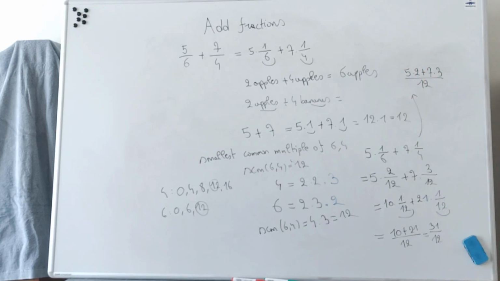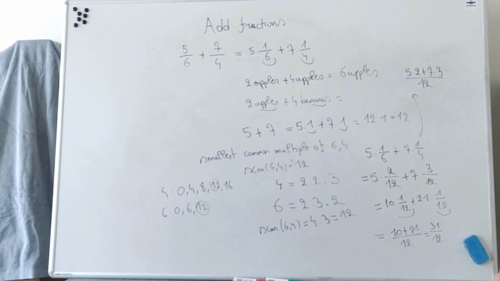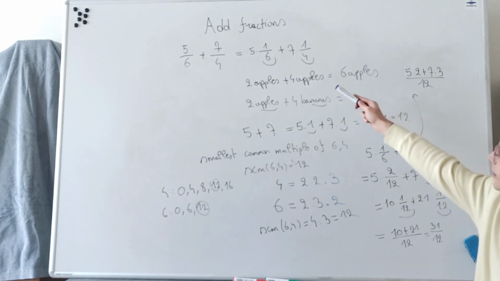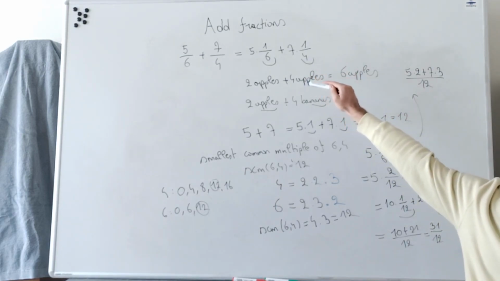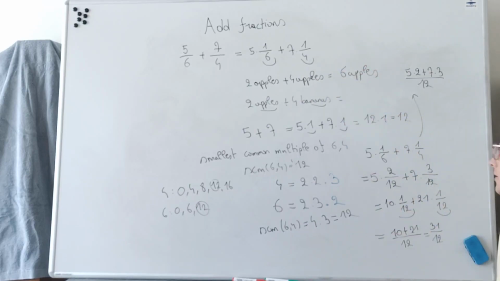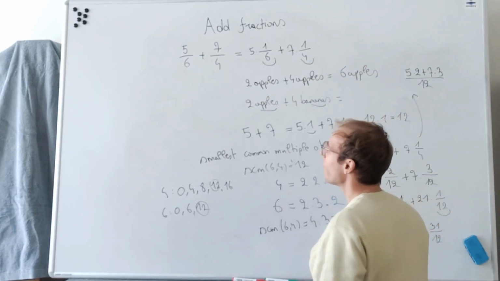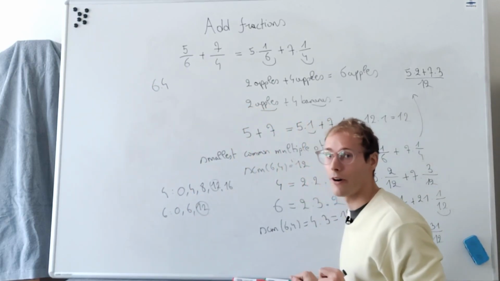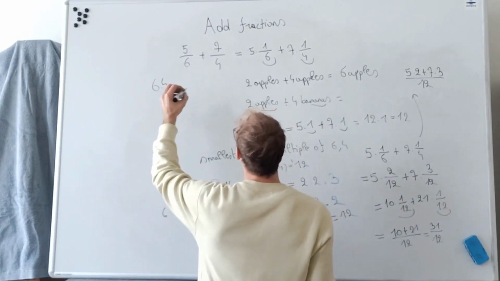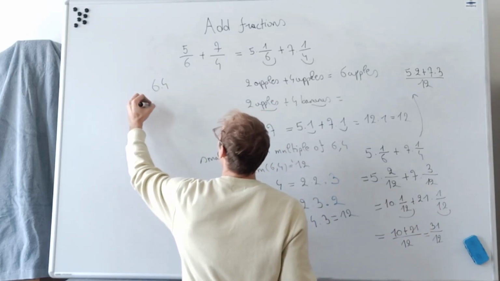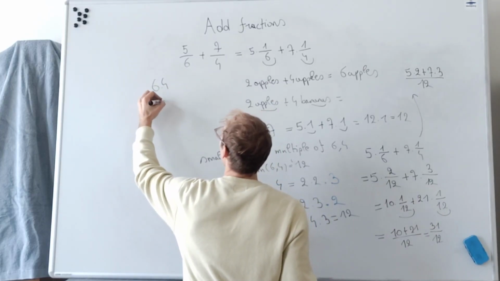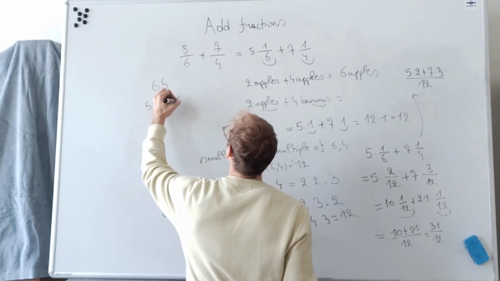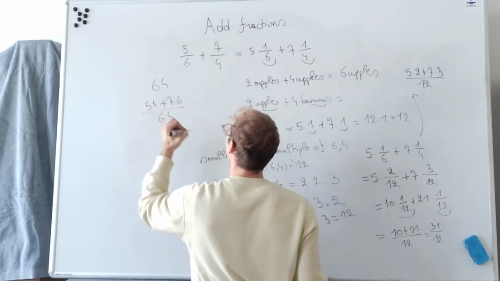And that's it. One final remark here. Of course, what you can always do, whatever will work, is use a common multiple of the denominators. You can always find a common multiple by just multiplying 6 and 4. So you can also do 5 times 4 plus 7 times 6, divided by 6 times 4.